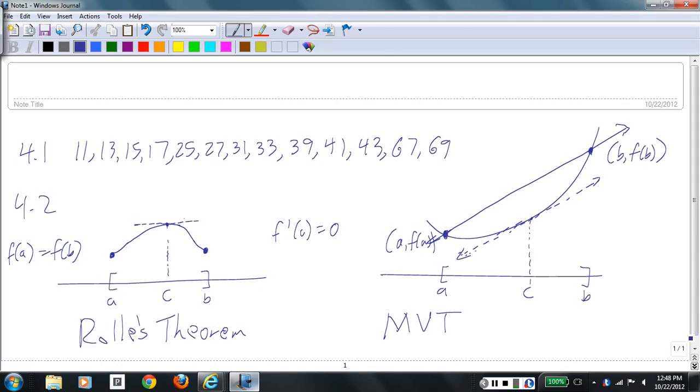So as far as the test question goes, here's a function, here's an interval in the domain of the function. Show that the function satisfies the hypotheses of either Rolle's theorem or the mean value theorem. And to show that it's continuous, basically if it's a polynomial, say it's a polynomial. Therefore it's differentiable on the open interval, continuous on the closed interval.